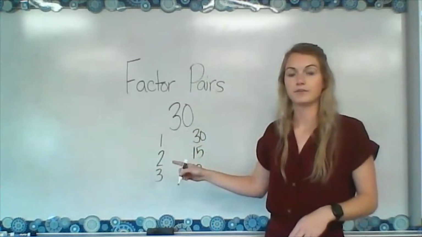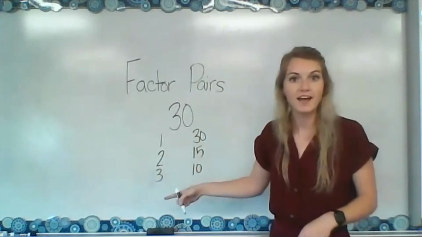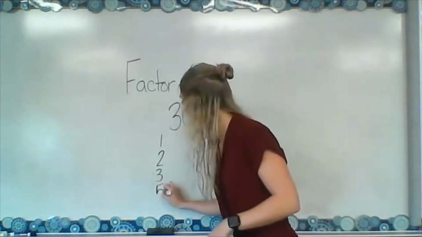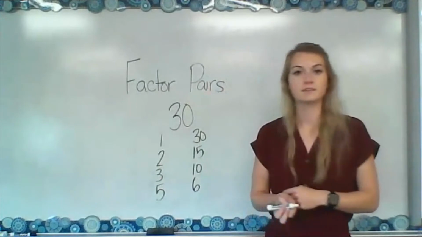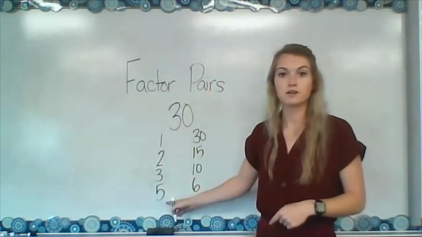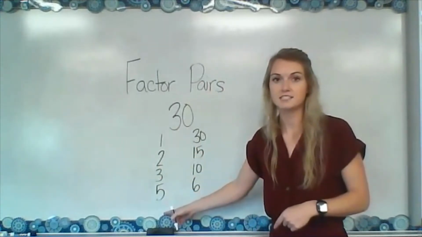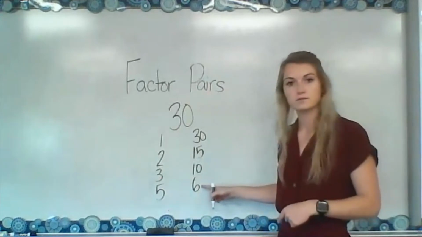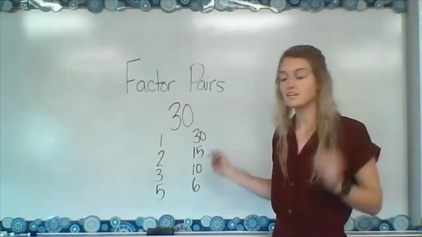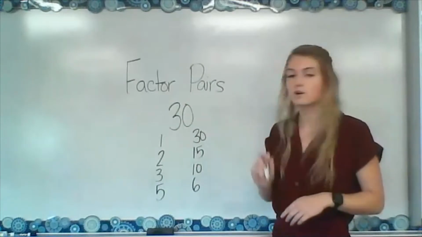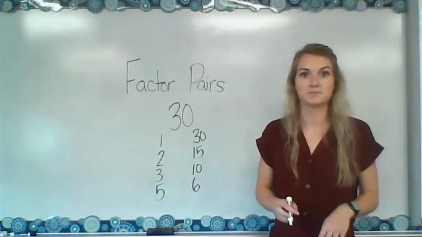No. So we skip it. We go to 5. Does 5 go into 30? Yes, 6 times. Okay, so now we're at 5. What comes next? We could try 6, but we already did 6 over here. We're done. That's it. There are 1, 2, 3, 4 factor pairs for 30.